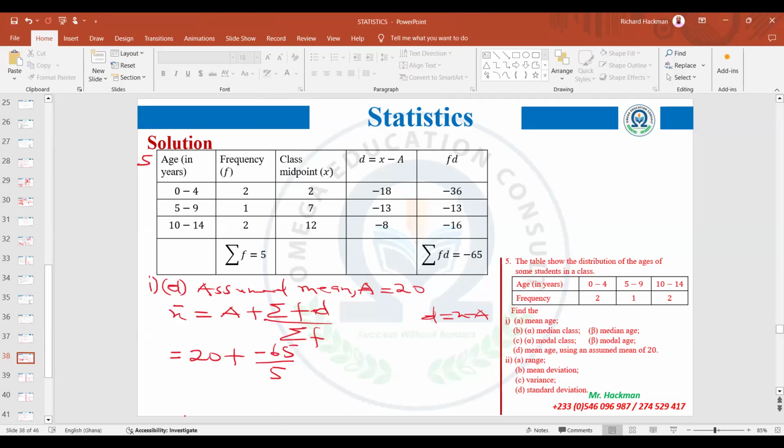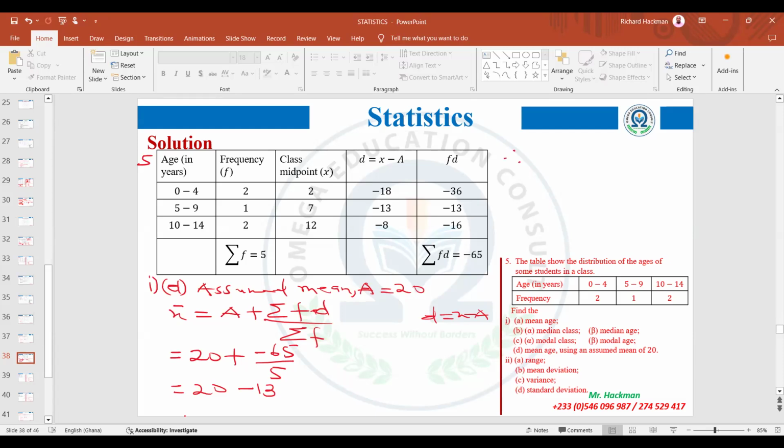So in effect, we get 20 minus 65 over 5, which will give us 13.